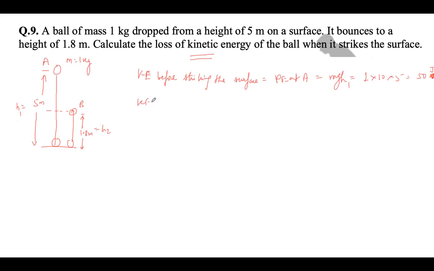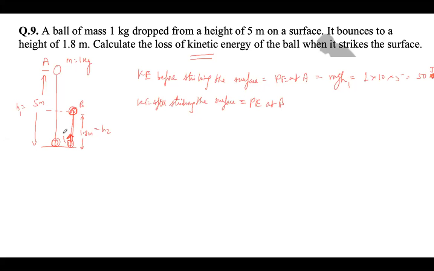Now, kinetic energy after striking the surface is equal to, जब ये टकराने के बाद जो काइनेटिक एनर्जी होगी, that will be equal to potential energy at B. ठीक है? टकराने के बाद जो रीबाउंड करेगा, वो जिस एनर्जी से रीबाउंड करेगा, that is equal to the potential energy जो कि यहाँ पे होगा, है ना?